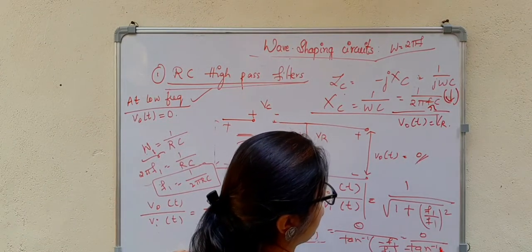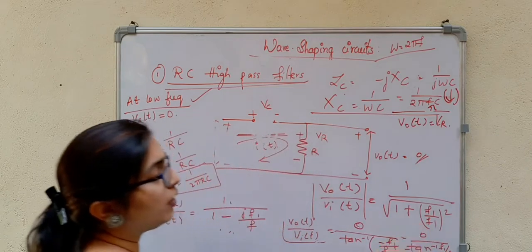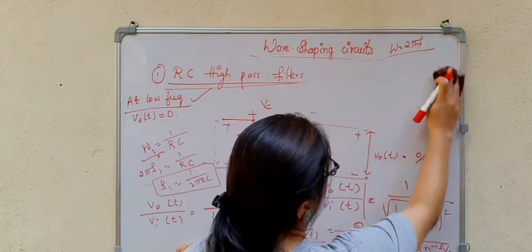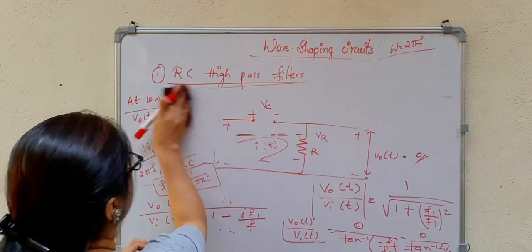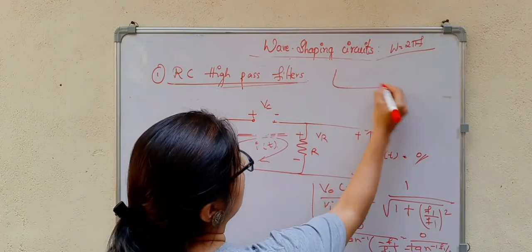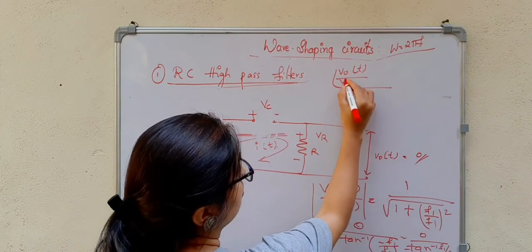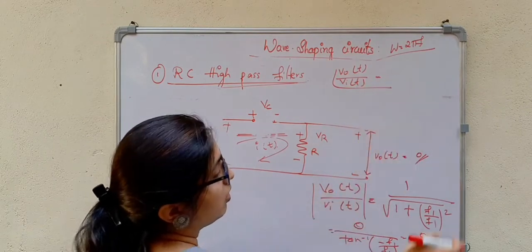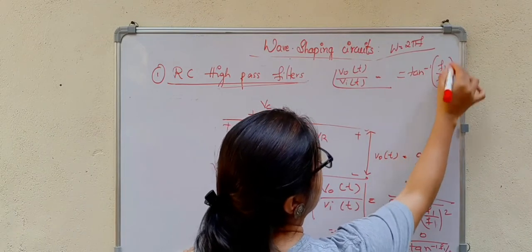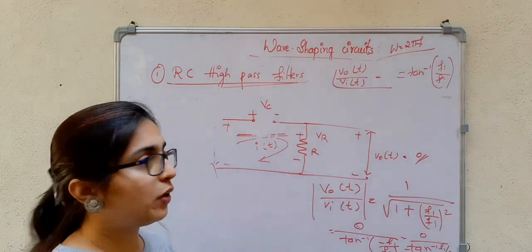So the angle is equal to tan inverse F1 by F, with a minus sign. See, F1 is your cutoff frequency.